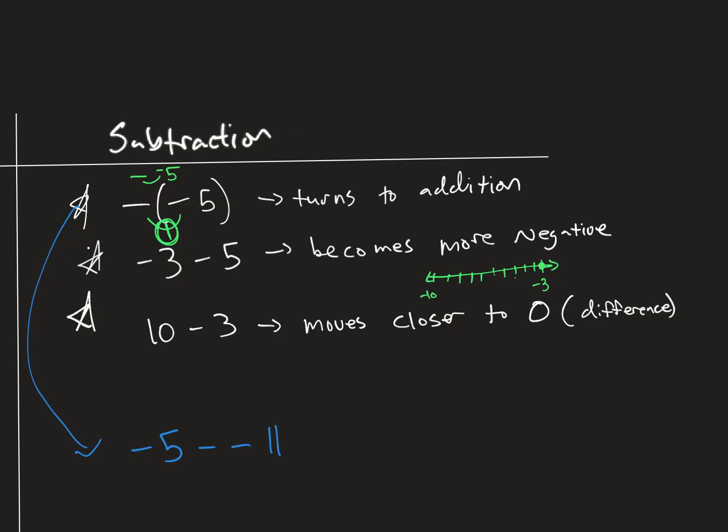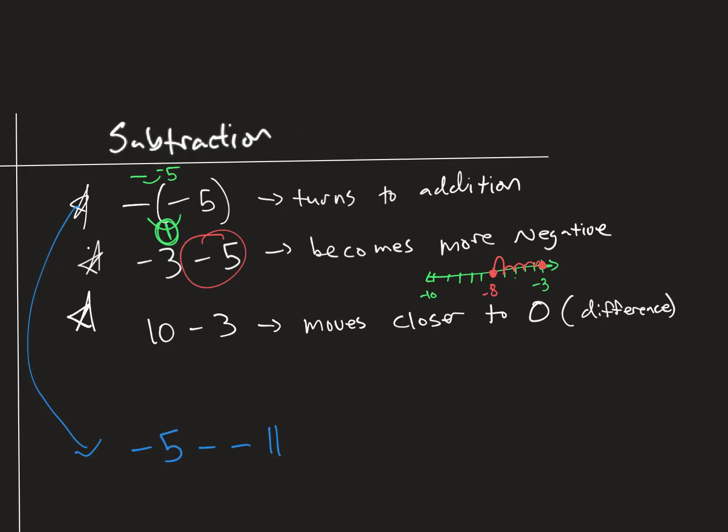So I start at -3, and let me change that to red. Since it's December, it's Christmas time, we'll go red and green. I go -3, and then I subtract 5. Since I'm subtracting, I am moving to the left. So I go 1, 2, 3, 4, 5, and that gets me -8.